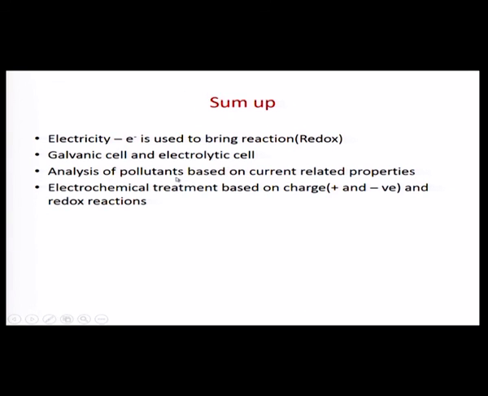Analysis of pollutants is also possible based on electrical properties like current, voltage and conductivity. These are all important current related properties that can be exploited for analysis of pollutants, because the pollutants may undergo redox reaction, or a change in potential or conductivity value will occur.